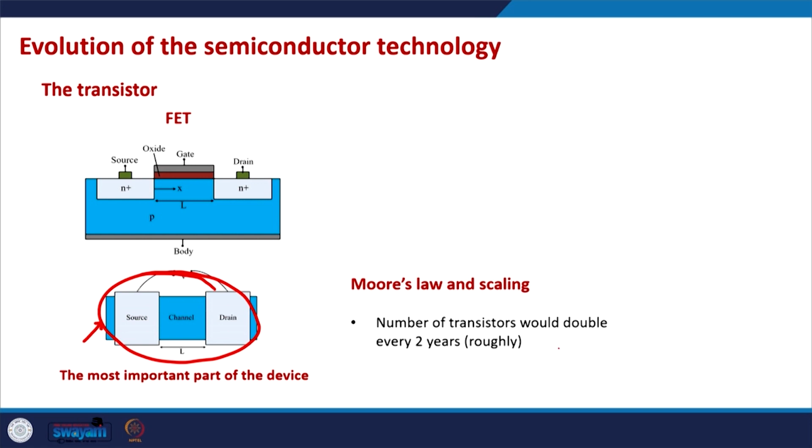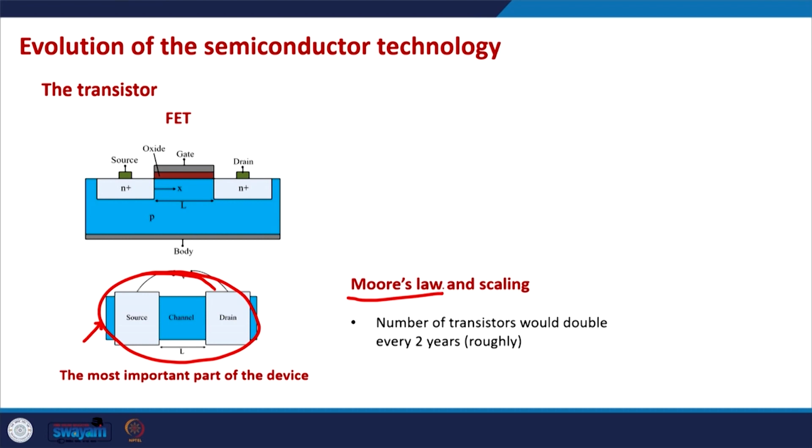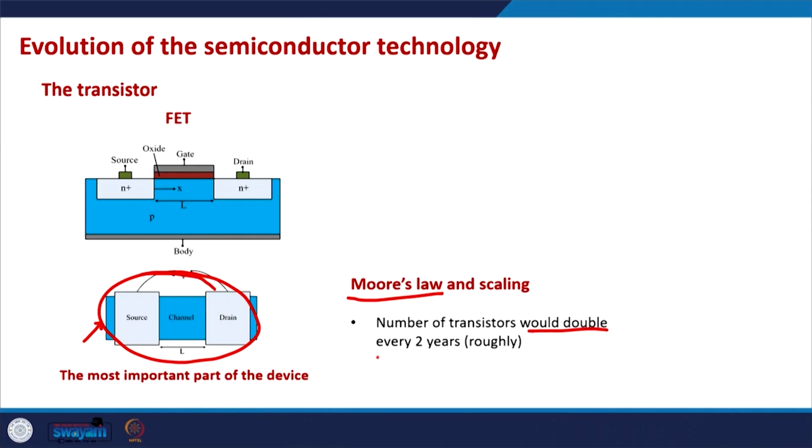And this trend of making the transistor smaller and smaller, this trend of scaling the transistor size down, is captured by what is known as Moore's law. Moore's law essentially states that the number of transistors on a unit area of the chip would double almost every 2 years, roughly 18 to 24 months.